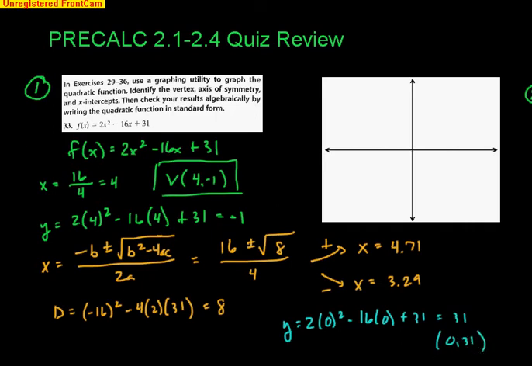So again, to graph this, I think I gave you just a blank one like this on the quiz. So just estimate where the points go. So we're going to go 4, -1 somewhere over here. That would mean 4.71 is right here, 3.29 is right here, and let's put 0, 31 way up there. Look at that.